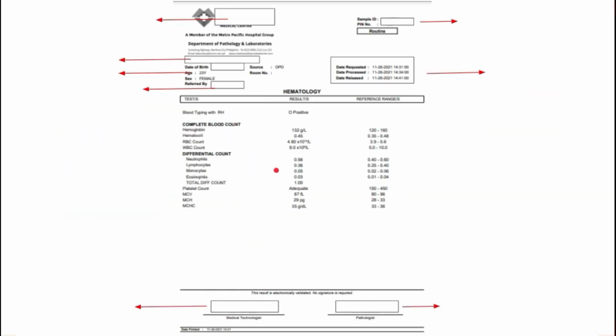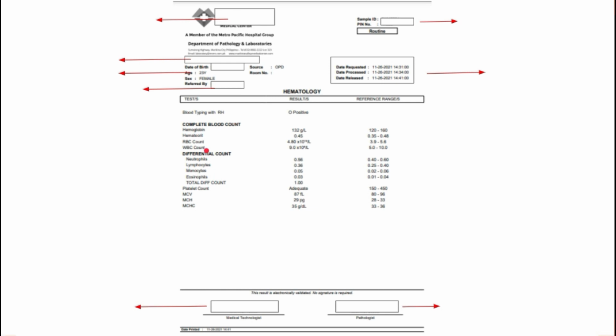Sige po, bigay tayo ng example. So in this example, this is under hematology section. They have performed here complete blood count. So here in the complete blood count, it was stated kung ano po yung test na ginawa, which is yun nga po, CBC. And then, minention pa dito na nag-test daw ng hemoglobin, hematocrit, RBC, WBC count. So, tama tayo doon sa unang criteria na dapat naka-indicate ang test name.